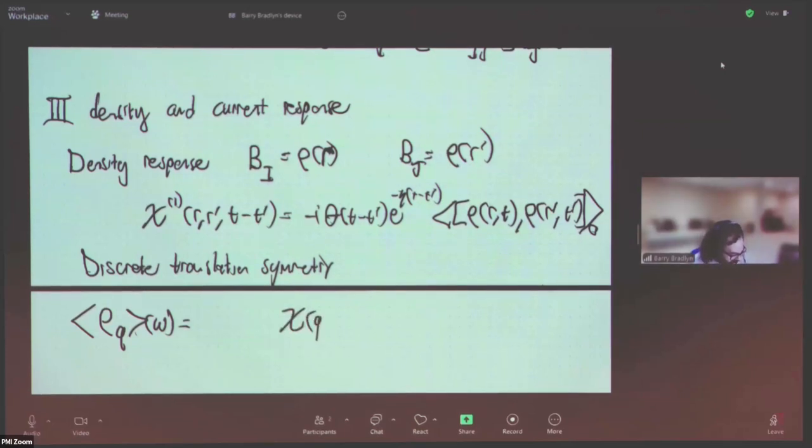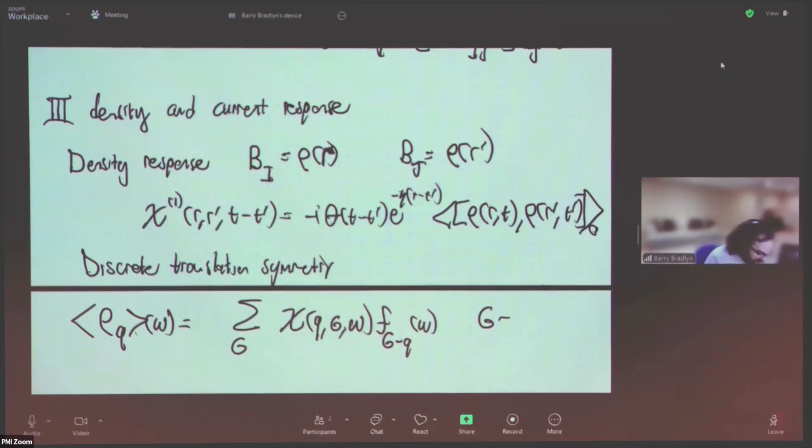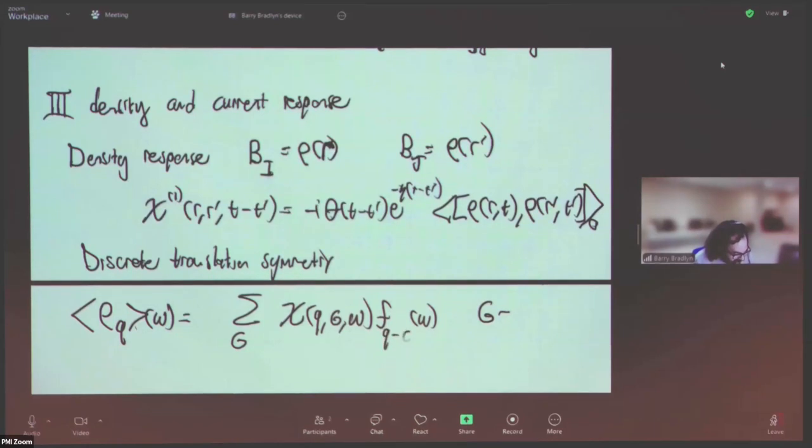We can define a Fourier transformed response function where, if we just have discrete translational symmetry, the response at Fourier component momentum q can depend on momentum q of the perturbation modulo whatever the reciprocal lattice vectors of our system are.